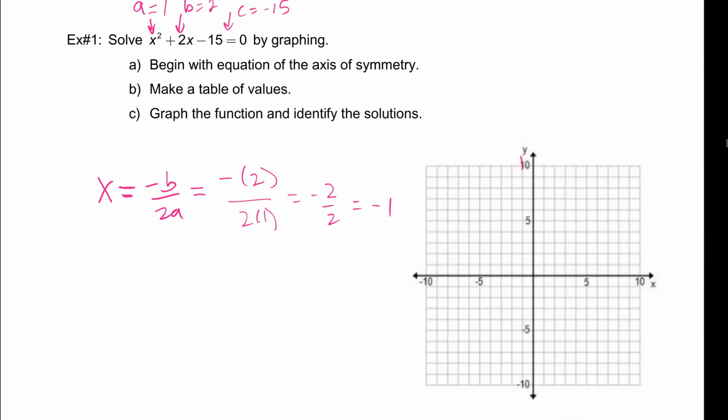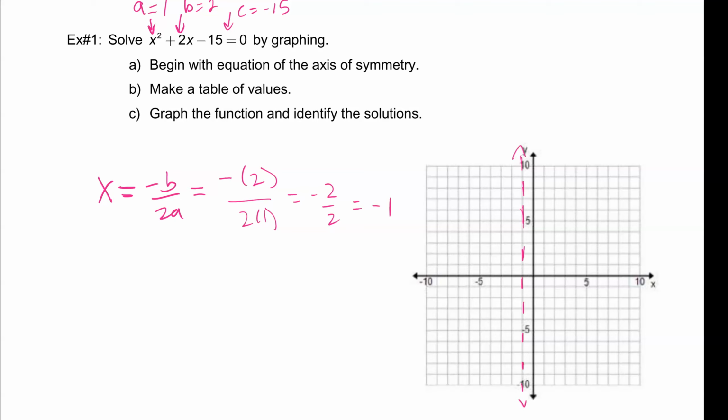Something that might help you guys with graphing: if I draw my axis of symmetry, how's the left side of the graph going to compare to the right? Left of the axis of symmetry versus right of the axis of symmetry. How do they compare?